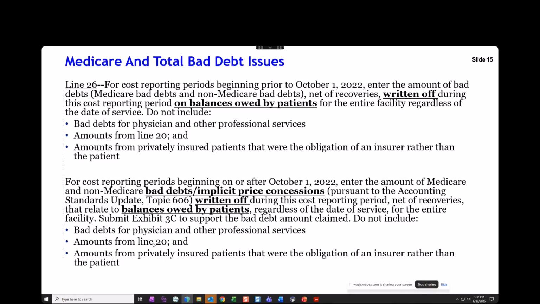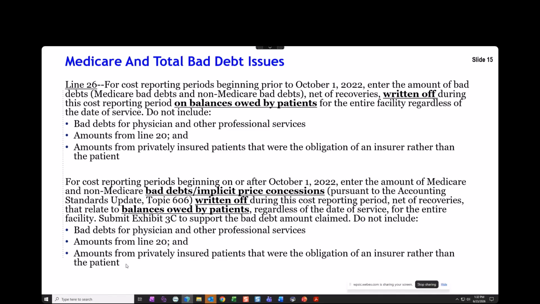Yes, indigent bad debts are often called charity care bad debts. Technically, it's kind of the wrong terminology. CMS didn't really like that because it confuses it with true charity care on line 20. So we do check for duplicates across the bad debt and charity care line to make sure they're not reported twice. Or if they are, that it's only parts of a claim.